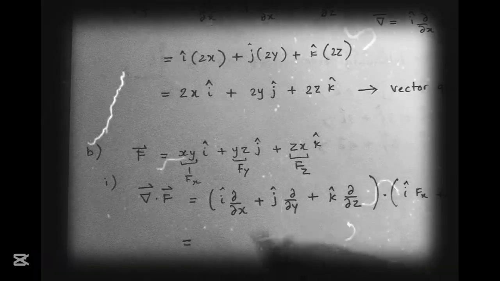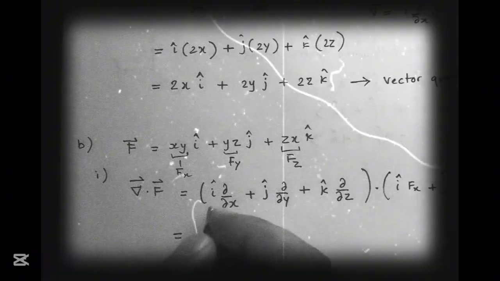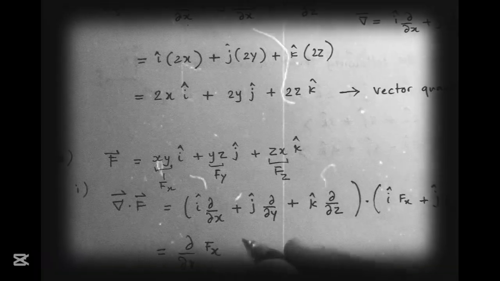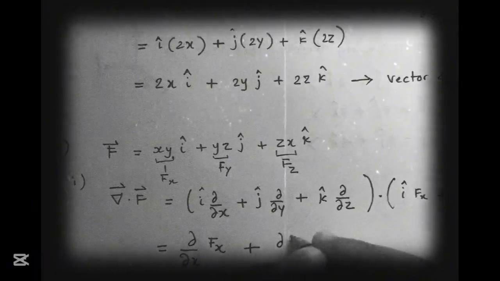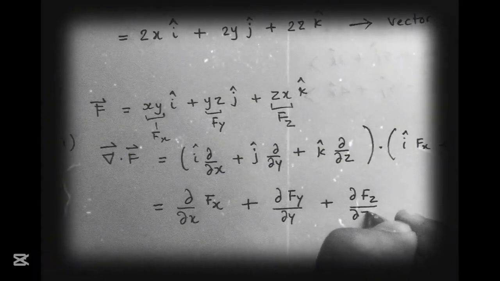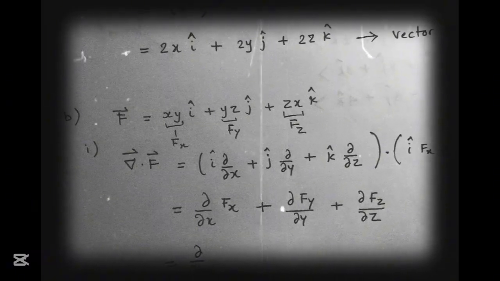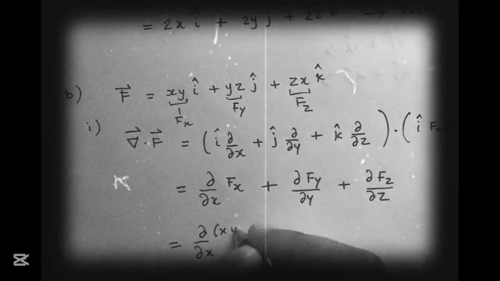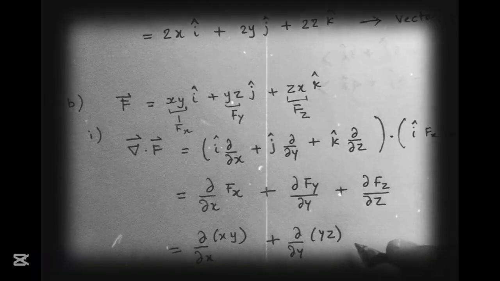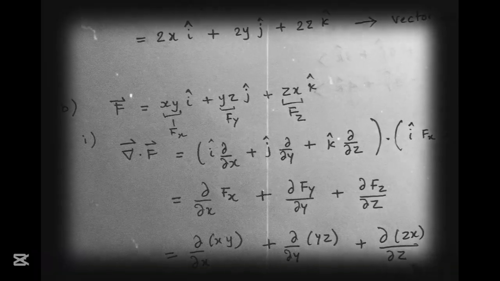Right? So if I proceed further, when I'm taking the dot product, I have already mentioned in my previous video, this will be partial of fx with respect to x plus partial of fy with respect to y plus partial of fz with respect to z. So partial of xy with respect to x plus partial of yz with respect to y plus partial of zx with respect to z.